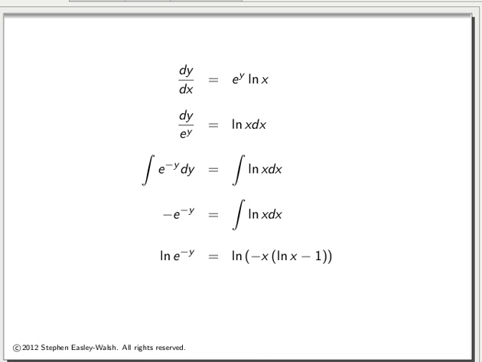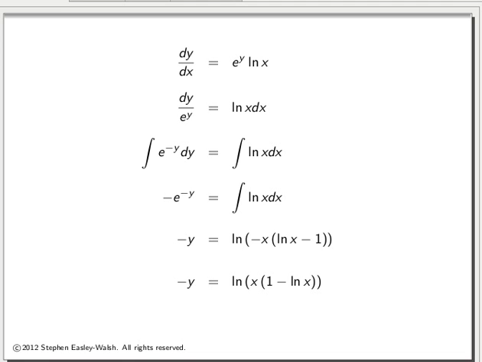So on the left, I can cancel the log and the e. So I'm just left with minus y. And then on the right, if I want to make it a little nicer looking, I can multiply this minus into this. So minus times minus 1, plus 1, and then minus times log x, minus log x. So to make it more presentable, I'll do that. So I get this result.